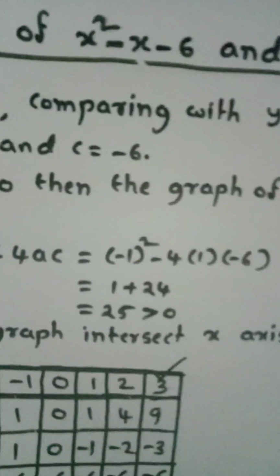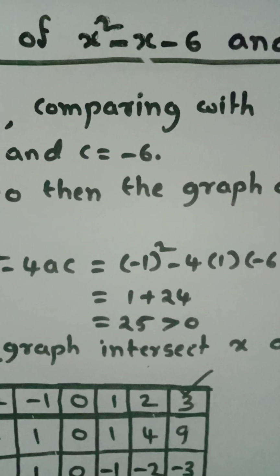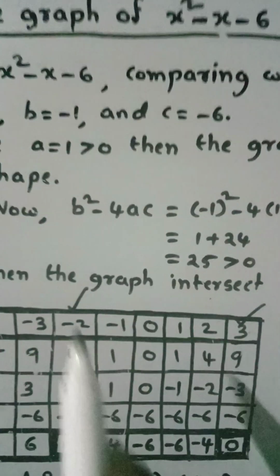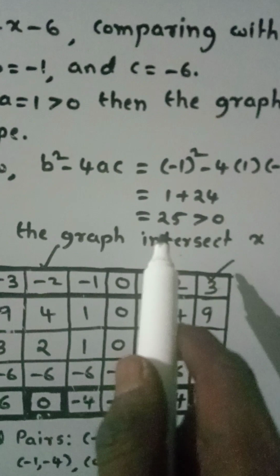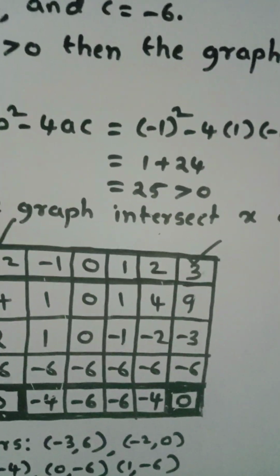Now look here. Like that we need to draw the graphs of quadratic functions, and when you are drawing quadratic polynomials, 3 different cases arise. The 3 different cases depend only upon the value of b square minus 4ac. In case b square minus 4ac is greater than 0, the graph will intersect the x-axis at 2 points.